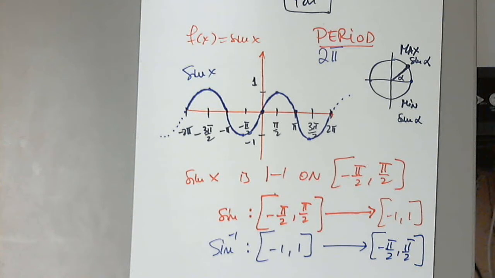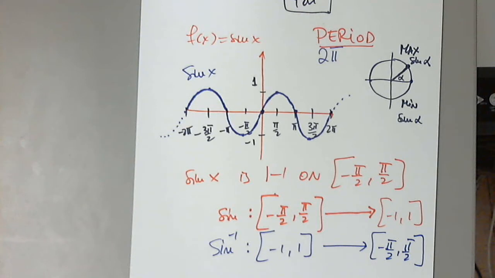So again, this is artificially determined. And remember, this is very important: when we determine sine, sine has to be applied to an angle, and the answer is a number. But when we determine sine inverse, we apply it to a number, and the answer has to be an angle, but between negative pi over 2 and pi over 2.